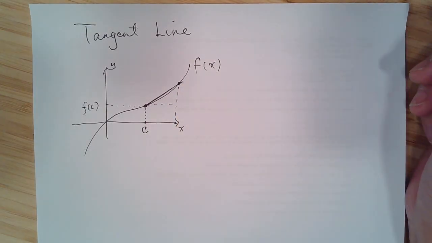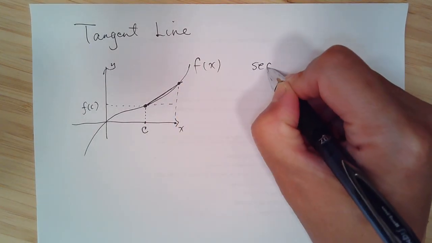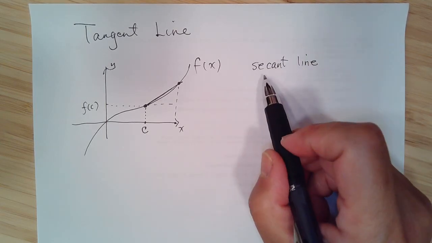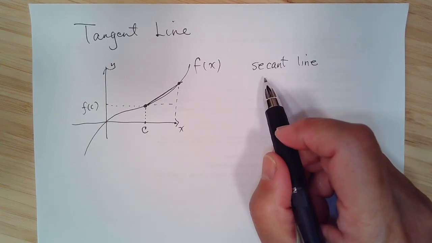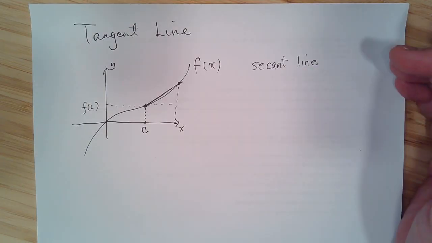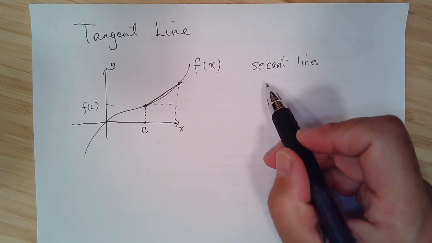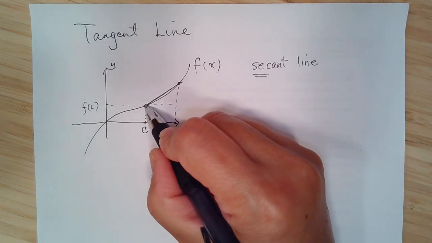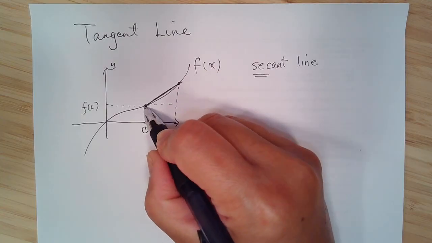I get a line, and I call this a secant. This secant has nothing to do with the secant function, as we learned in trigonometric functions. We have secant, which is 1 over cosine, but this one has nothing to do with it, because that just means cut. So see, I cut from here to here.